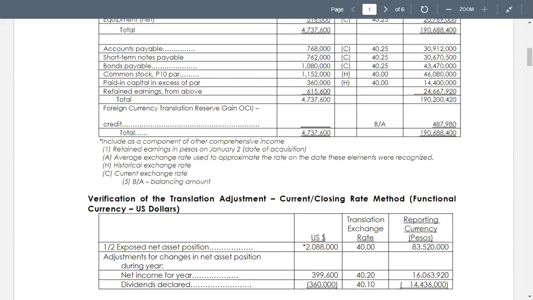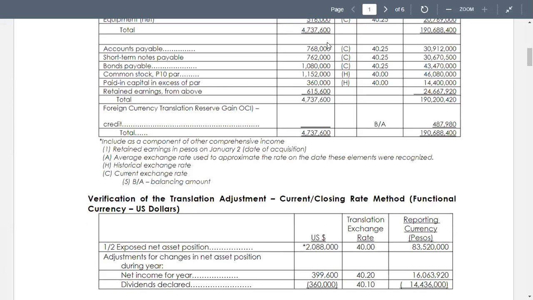The same with accumulated depreciation. That will be translated by using historical cost. So repeat, building 0.26H, accumulated depreciation 0.26H. That was the rate in 20x2, the year when the building was acquired.